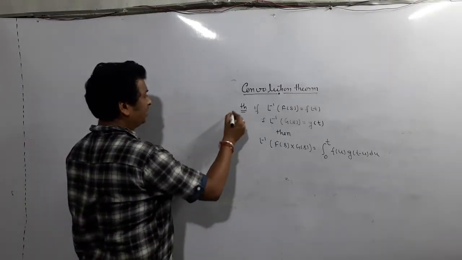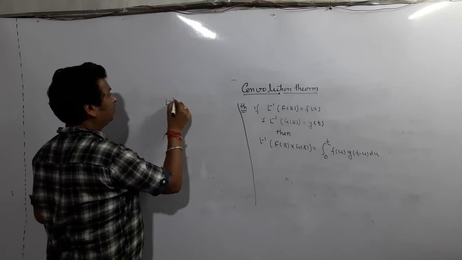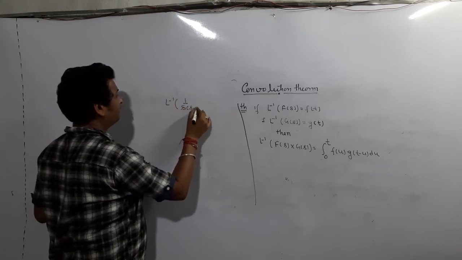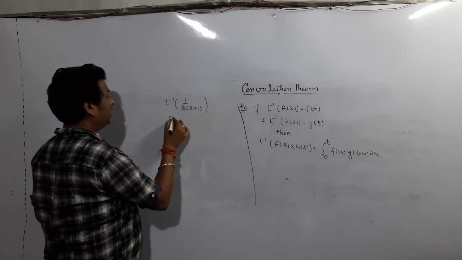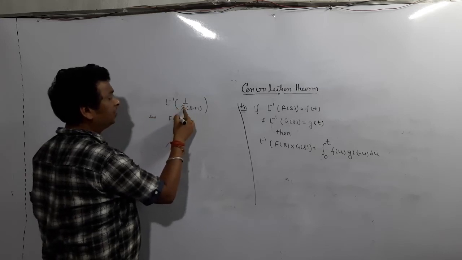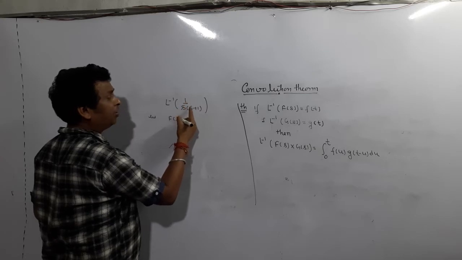Suppose I ask you one question. What is Laplace inverse of 1 upon s plus 1? Here let it be multiplied as 1 upon s and 1 upon s plus 1.